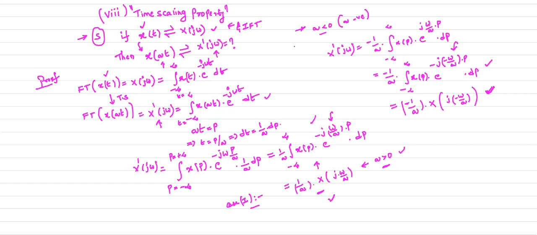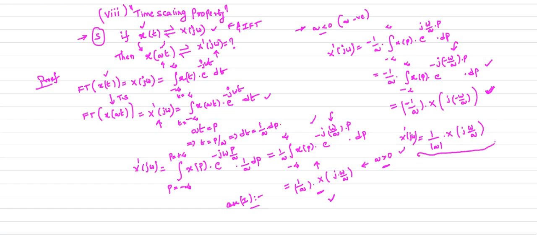So I generalize the time scaling operation like this: the Fourier transform of x of at is 1 by mod a into X of j into omega by a.